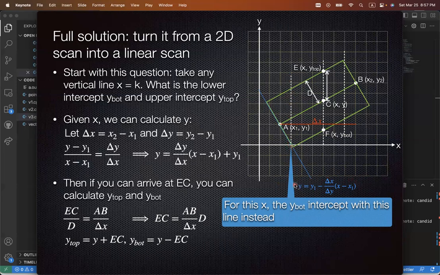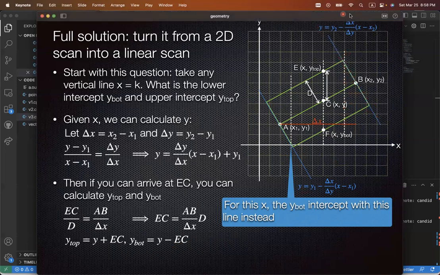This line gives you the ability, given the X, to calculate the Y. And this Y is the real intercept on the bottom end instead of the Y bottom. So when the vertical line is here, you know that the top is clipped by this formula instead.